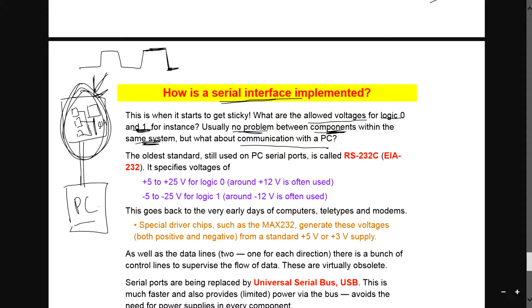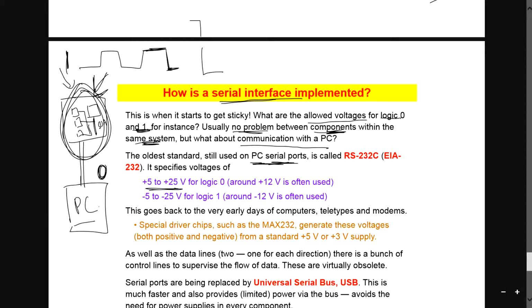However, for all PC serial ports, the voltage may be different. You may require higher voltages in order to be a logic 1, which in other words means what is considered a logic 1 may be considered logic 0 by the PC.